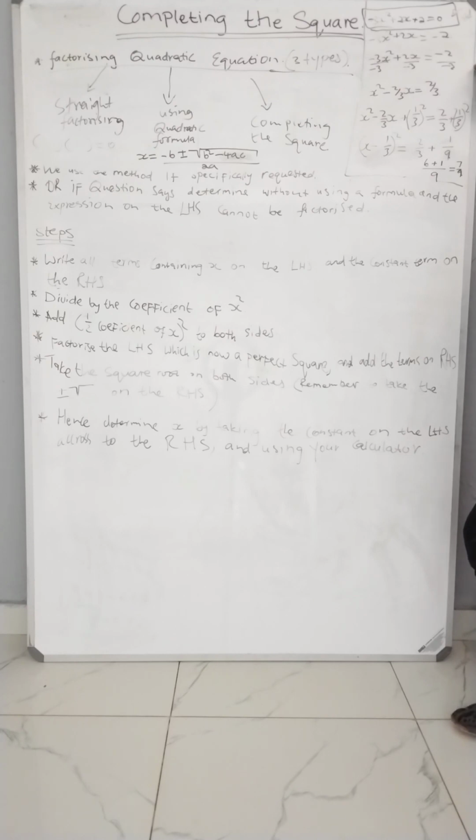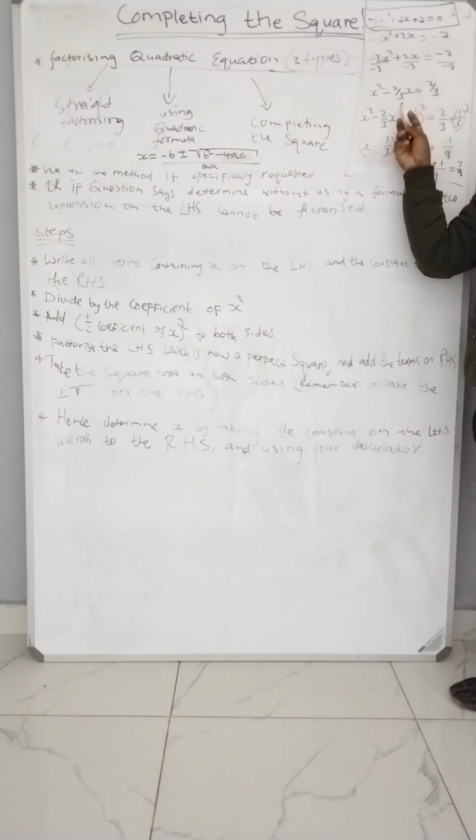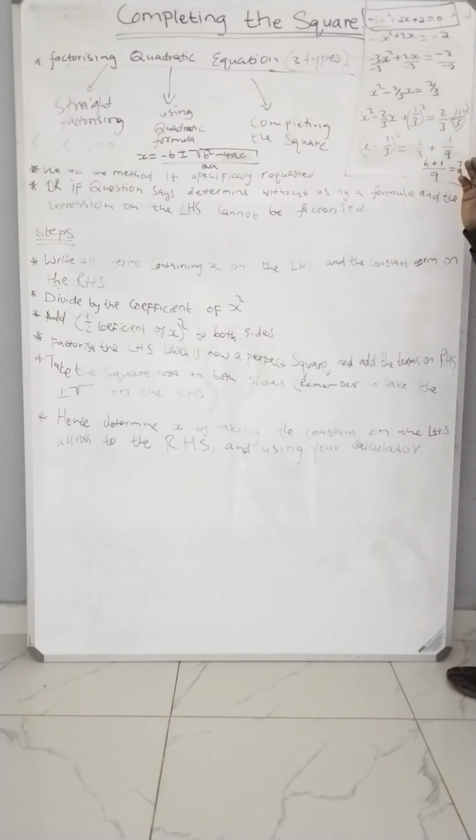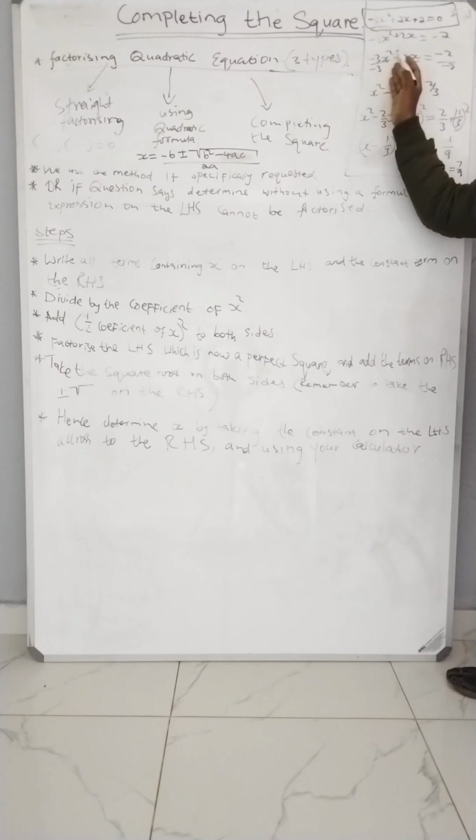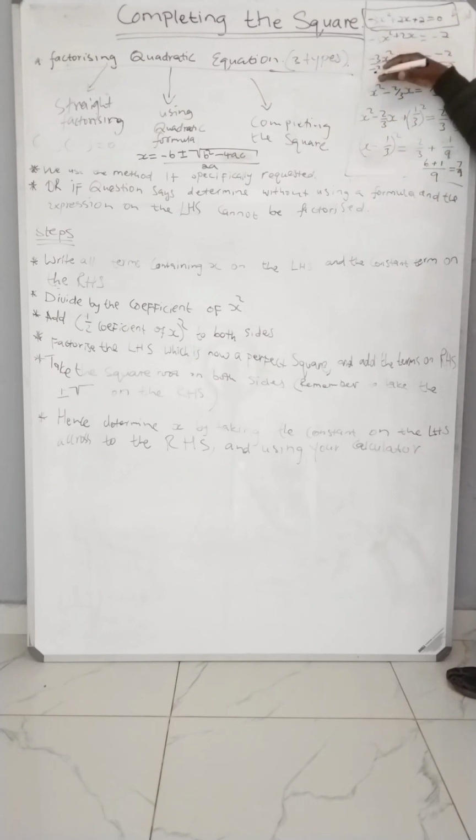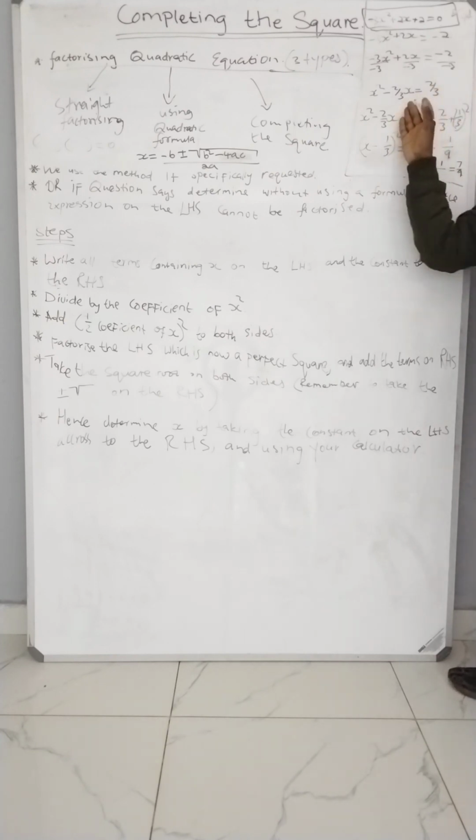Then the next step is you are going to take half of the coefficient of x. You worked with x squared in the previous step. You divided everything by the coefficient of x squared, right? Now you are working with the coefficient of x, not x squared.